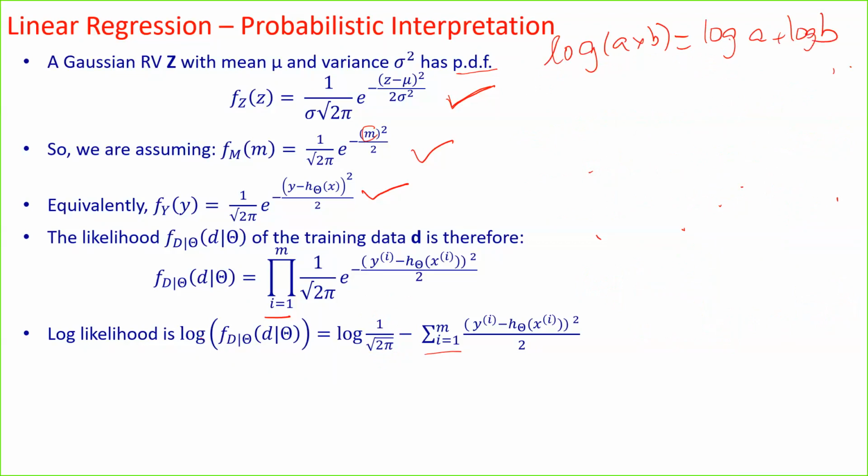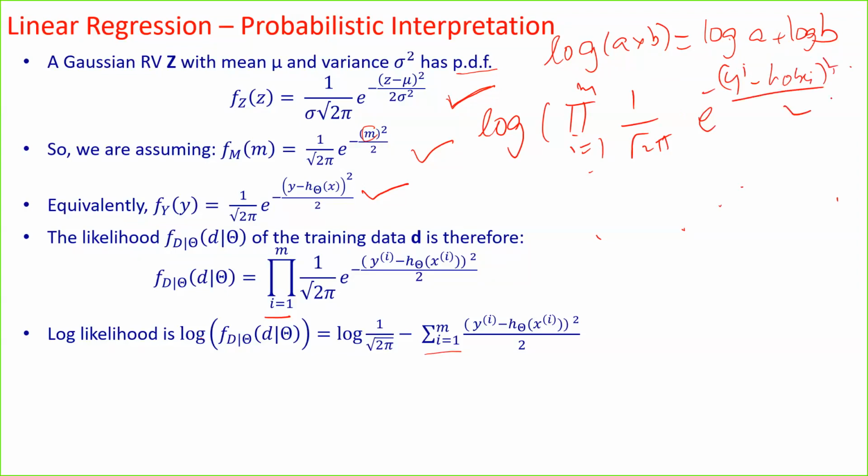Now I'm expanding this. Log of product over i equal to 1 to m of 1 by square root 2 pi e to the power minus yi minus h theta of xi whole square by 2.